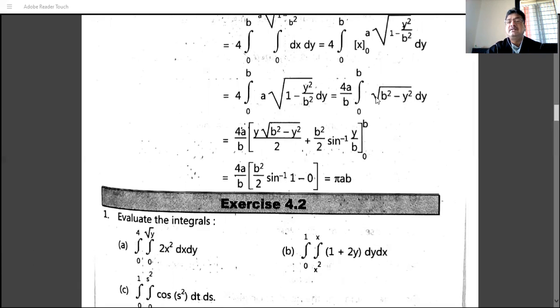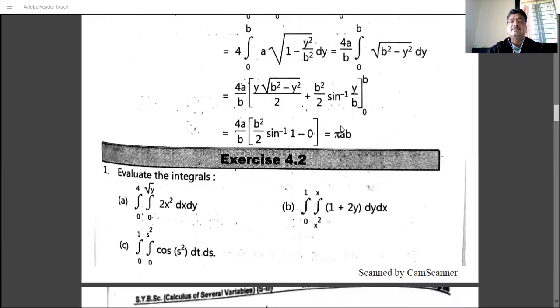Okay, so by the rule, the integration of root a square minus x square is x root a square minus x square divided by 2 plus a square by 2 sin inverse x by a. By using that rule, we have this from 0 to b. Substitute y as b first. So this quantity is 0, because b square minus b square is 0. Then b square by 2 sin inverse of b by b, which is sin inverse 1.